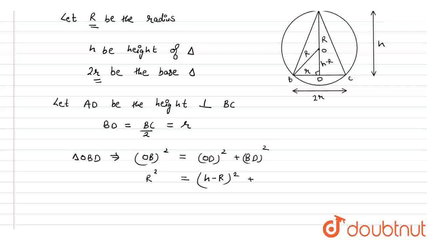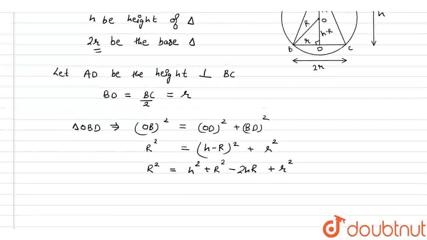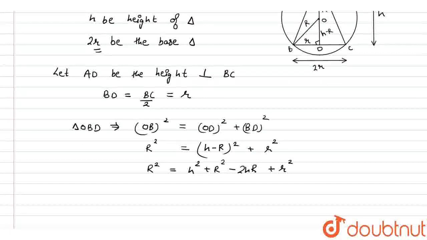Over here we have to find out small r. It will be small r square. R square will be equal to h square plus R square minus 2hR plus small r square. We'll simplify it. We'll get 0 is equal to r square plus h square minus 2hR.